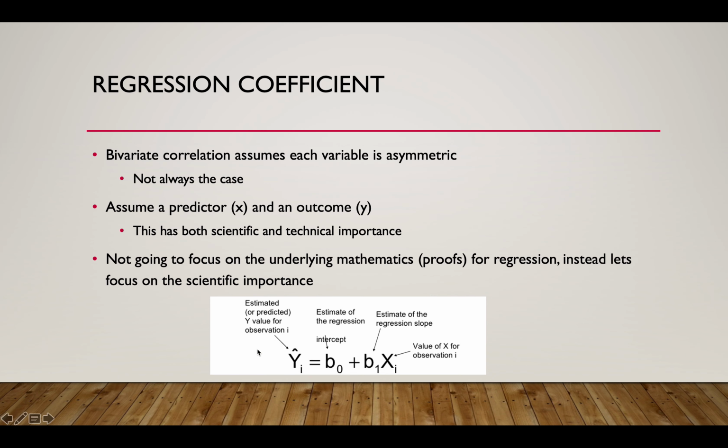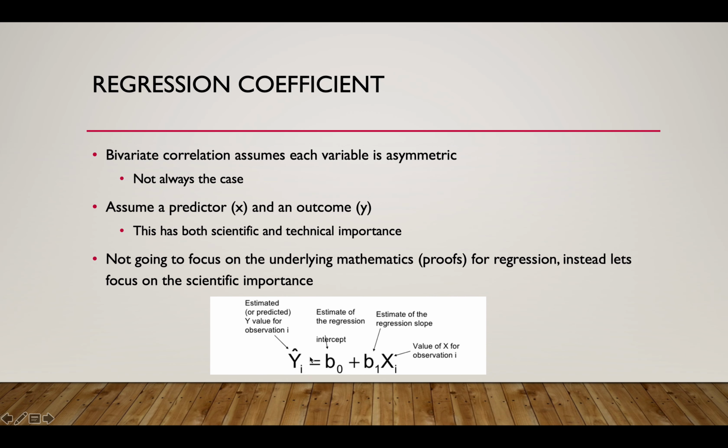So let's look at these for a second. This is called y hat of i. So this is for individual i, the predicted value. This is the value of y on the line, where it should be, not where it is. Then the estimate of the regression intercept: this is the average, or the spot where the line touches y.